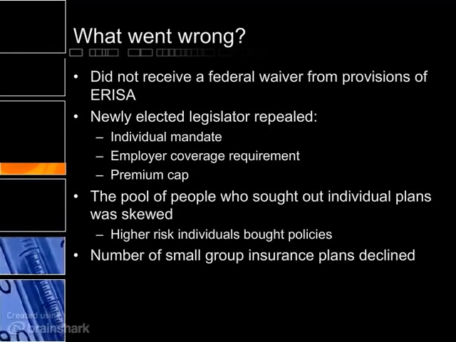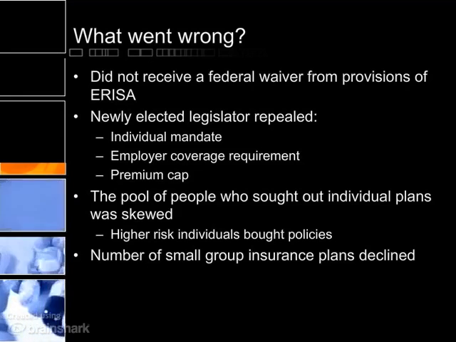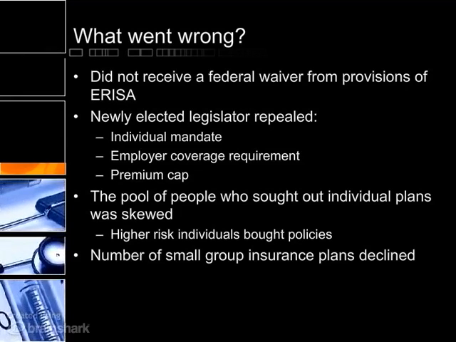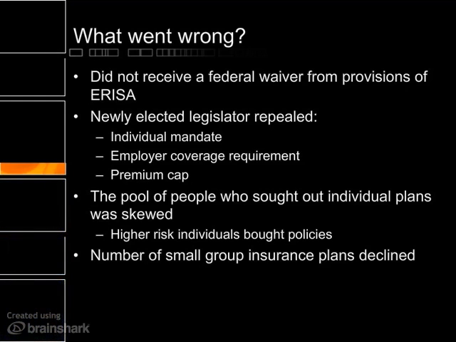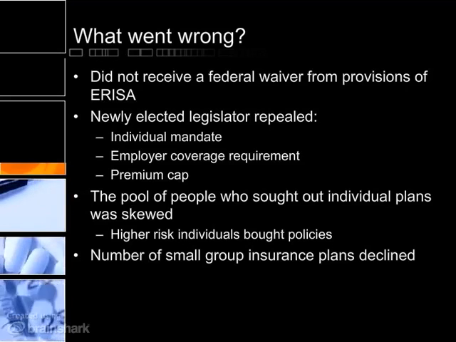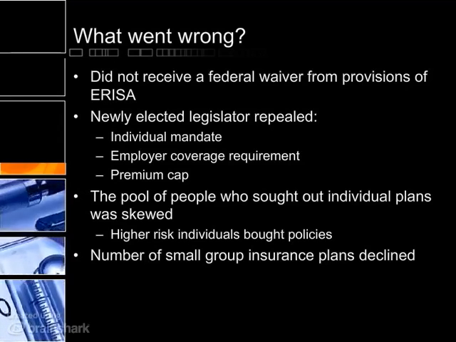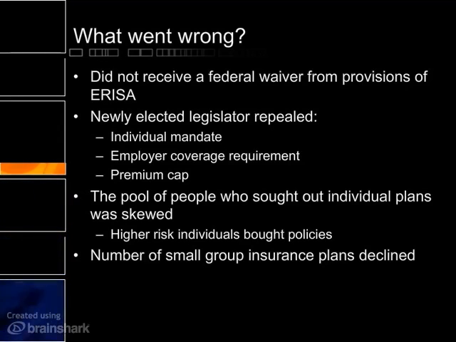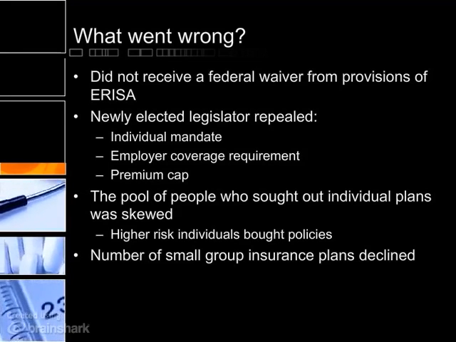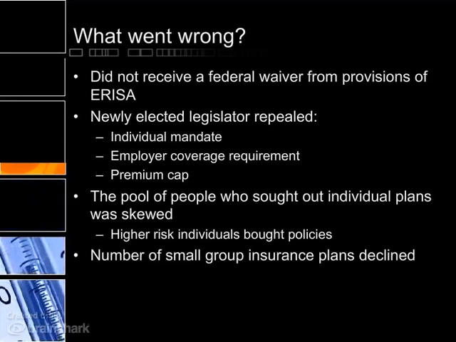That was really the biggest part of this, and most large self-insured employers were not included under the reform plan because those companies' health benefits were governed by the Employee Retirement Income Security Act of 1974, and that's a federal law that sets minimum standards for most voluntarily established pension and healthcare plans in private industry. And so that really decreased the pool.